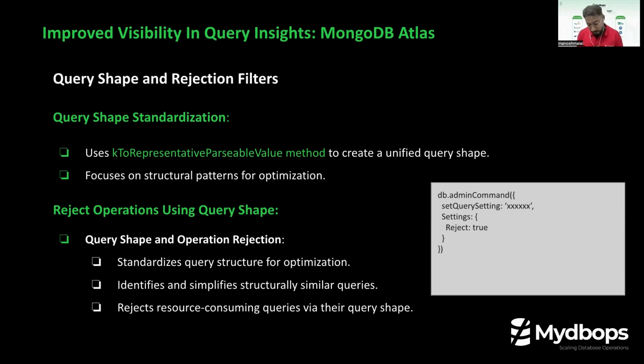I'd like to share one small story with all you guys. We have a few clients. They have some backend application where they don't have control over the queries. The query is dynamically written by the application and pushed to Mongo, and that query doesn't have very good fields and cardinality.